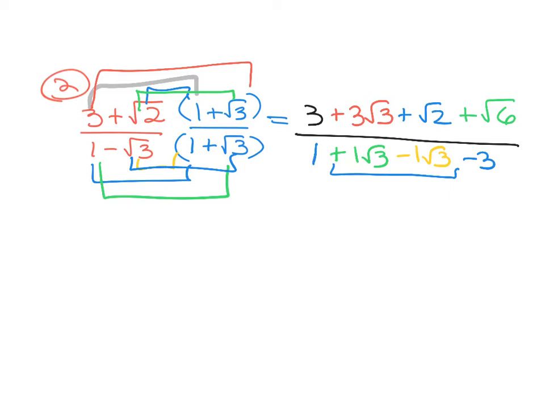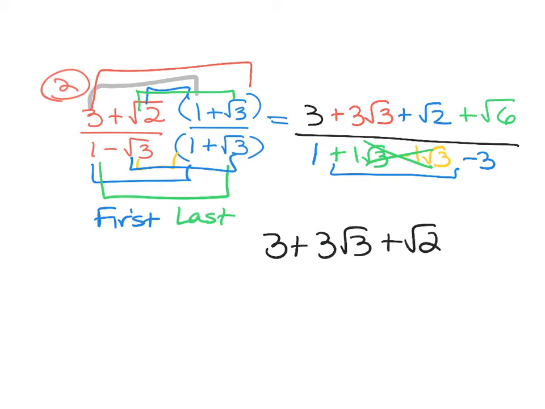So when you multiply something by its conjugate, all you need to do is first and last, because this will cancel. So now my final answer here is going to be 3 plus 3 square root 3 plus 2 square root 2 plus square root 6 all over negative 2. And you're done.